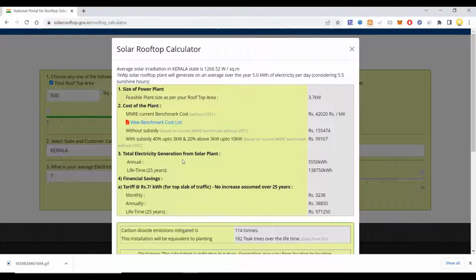Total annual electricity generation from the solar plant will be around 5,550 kilowatt hours. Over its lifetime, say for example 25 years, it could generate about 1,30,750 kilowatt hours.